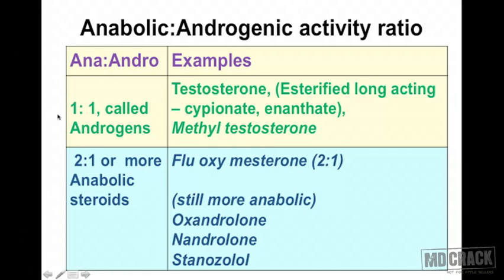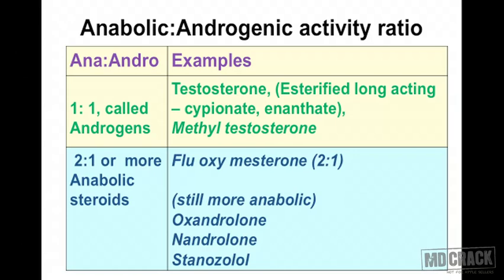Usually this ratio is 1, meaning 1 is to 1. 1 is anabolic activity and 1 is androgenic activity. Those substances which classically we call androgens have a balance of the androgenic activities and anabolic activities.